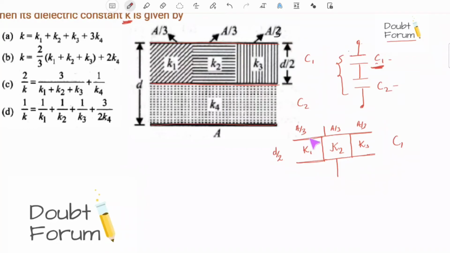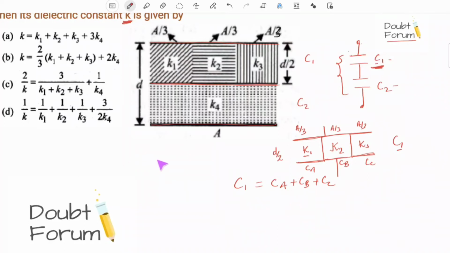And we can see that these 3 capacitors are connected in parallel. So the equivalent capacitance C1 will be this. Suppose this part has a capacitance of Ca, this part has a capacitance Cb, and this third part has a capacitance Cc. So the equivalent capacitance C1 will be Ca plus Cb plus Cc.